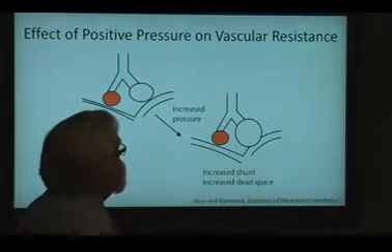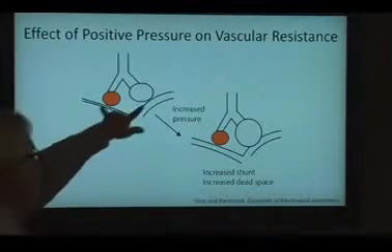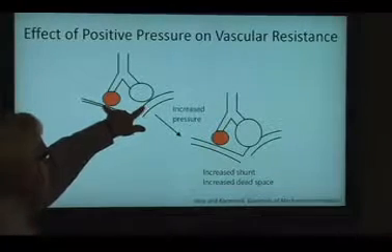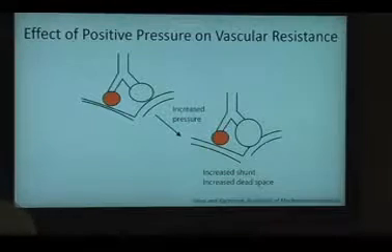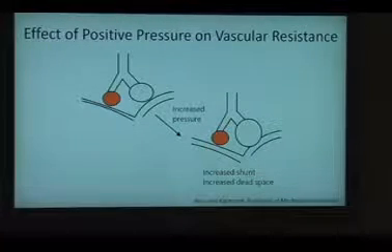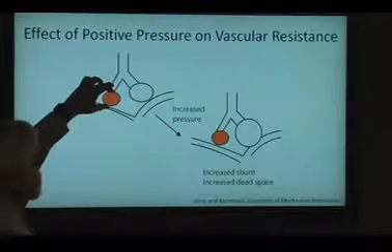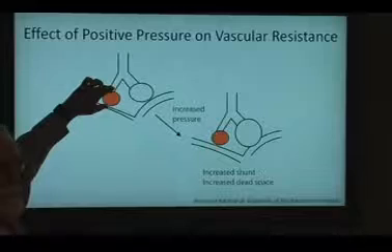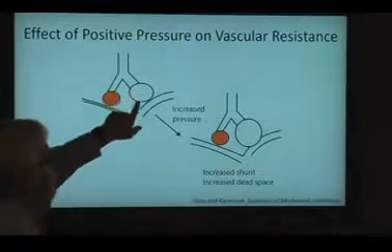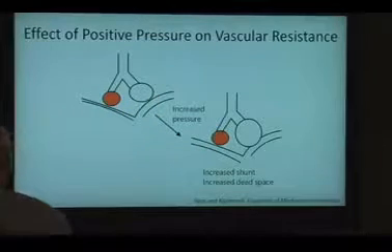What about the effect of positive pressure on pulmonary vascular resistance? Imagine here that we have two alveoli, and one alveolus is consolidated, is not being ventilated. Now we increase the PEEP. The PEEP is not going to affect this consolidated alveolus, but the PEEP will increase the volume of the already opened alveolus.